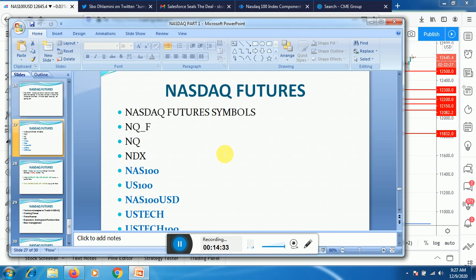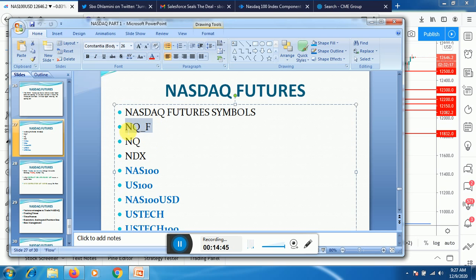Yes. So the symbols for the futures, some brokers put it in different ways, but the original symbol at the CME exchange is NQ_F, or some say NQ, others say NDX.